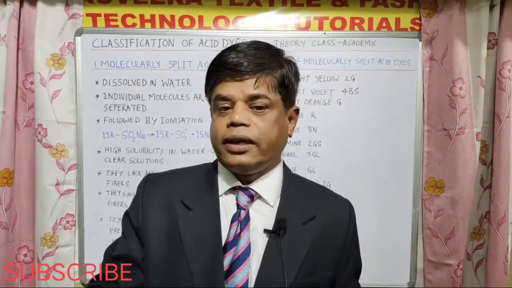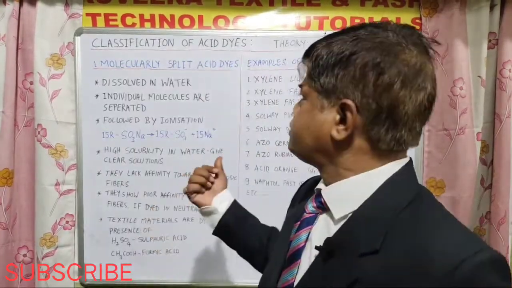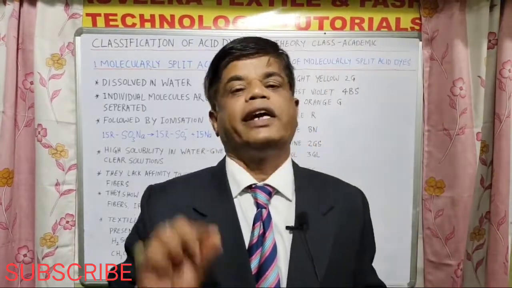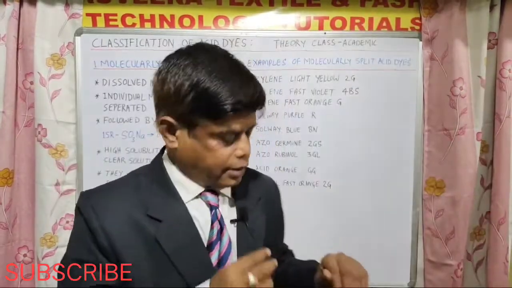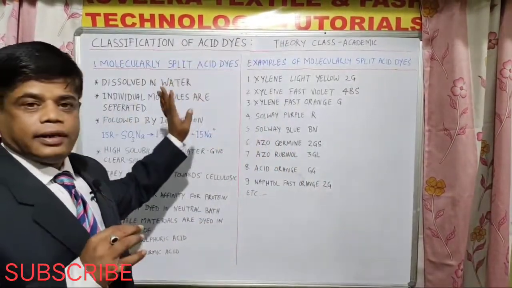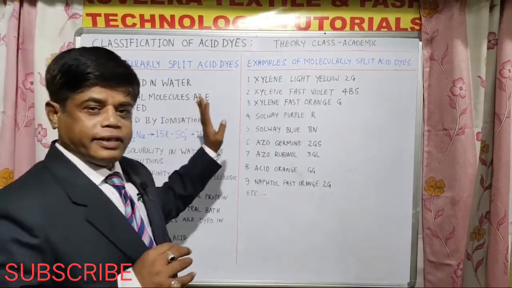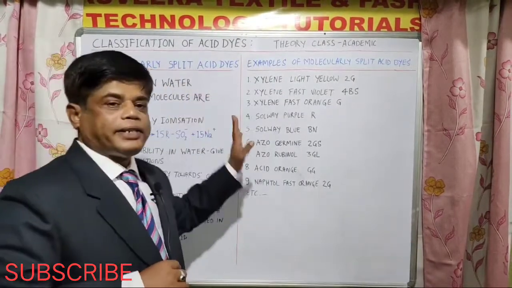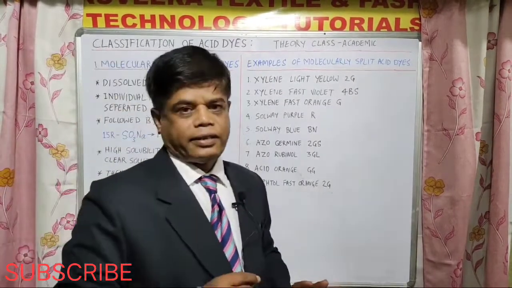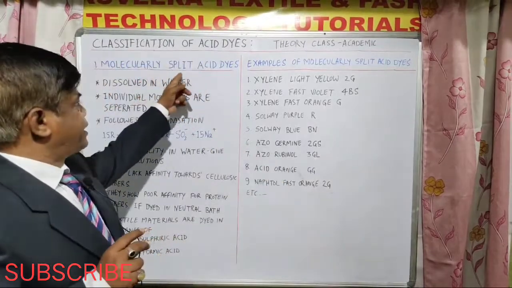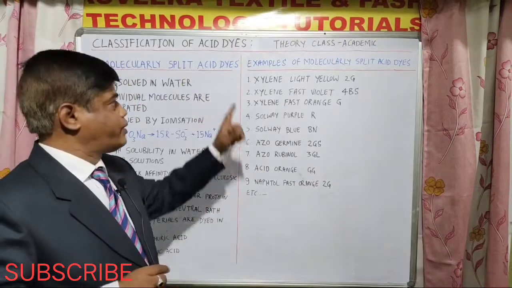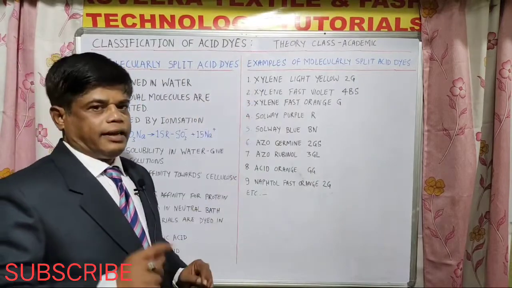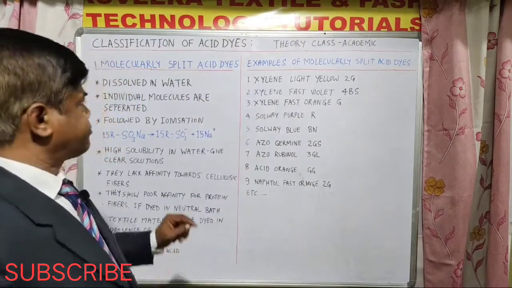This class is based on the solubility of the dyes in the solution, in the water. Acid dyes are classified based on their solubility in nature. One is molecularly split acid dyes and the second is aggregated acid dyes. I have not written aggregated acid dyes here; that I will take next class.